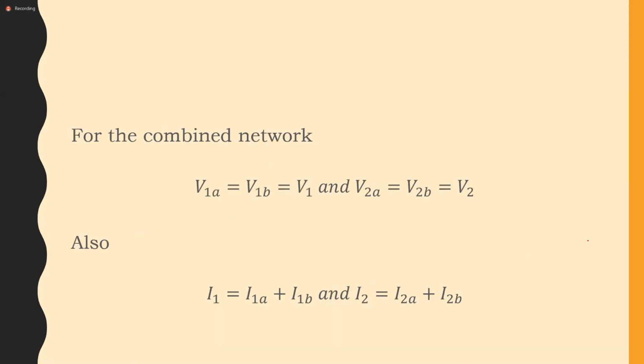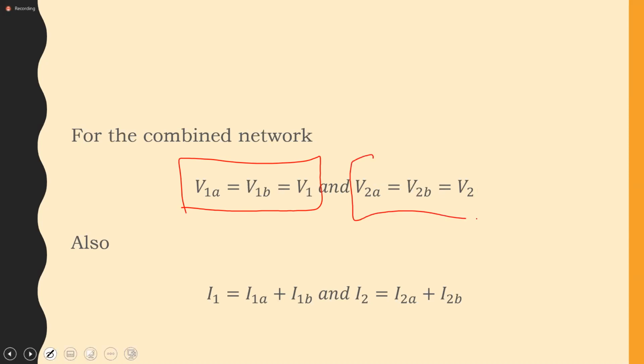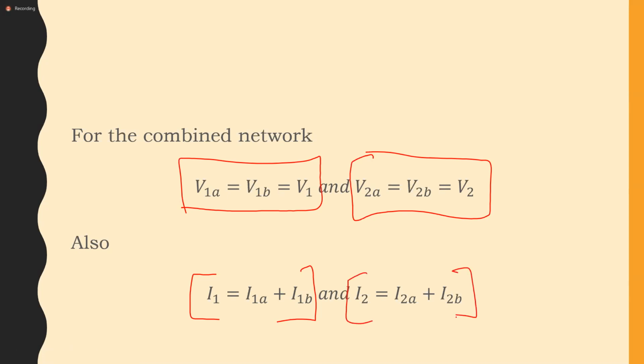So based on the combined network, all of what we have here is true. We know that the voltages at the input side are all equal, the voltages on the output side are all equal. And then, of course, on the input side we have I1A plus I1B, that's I1, and on the output side we have I2A plus I2B.